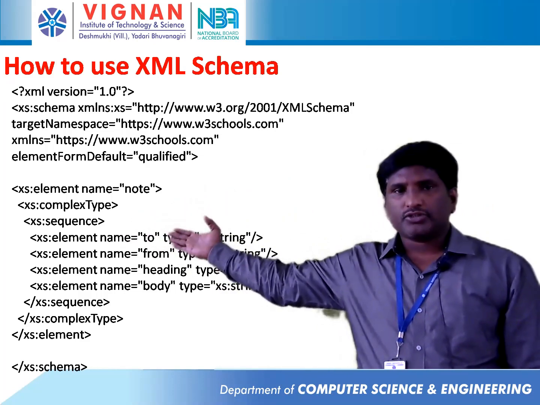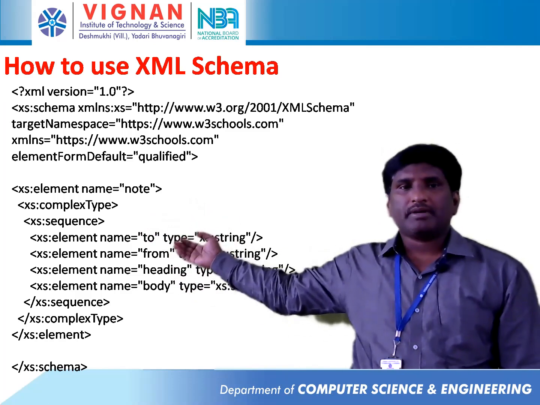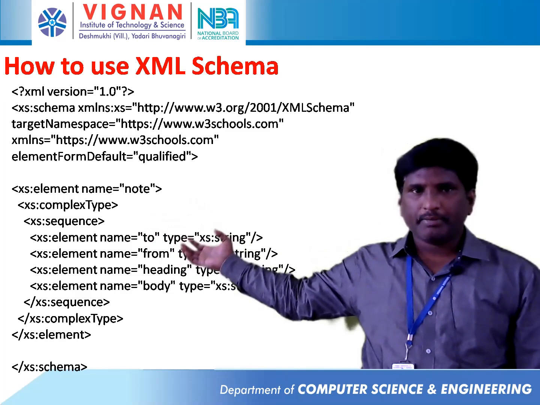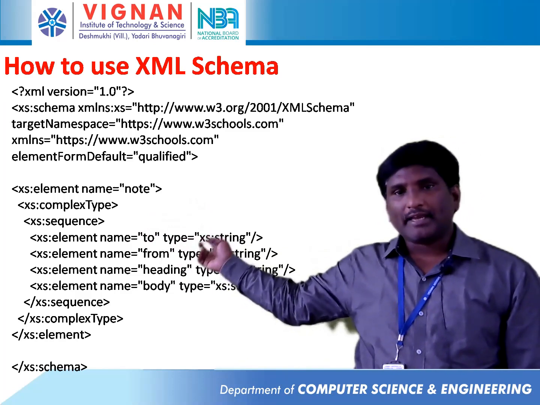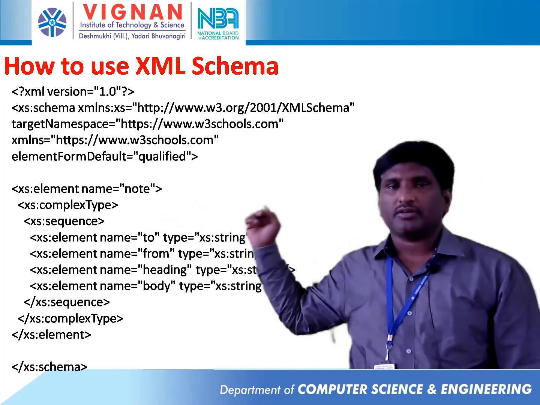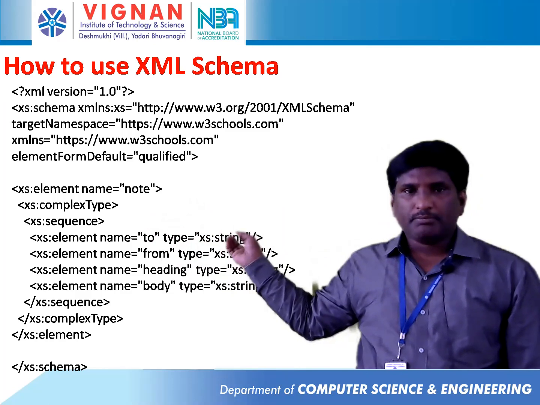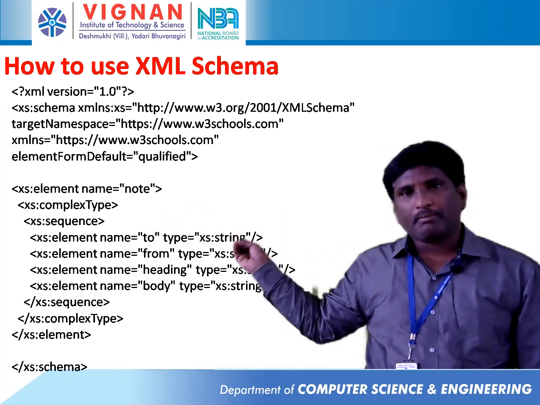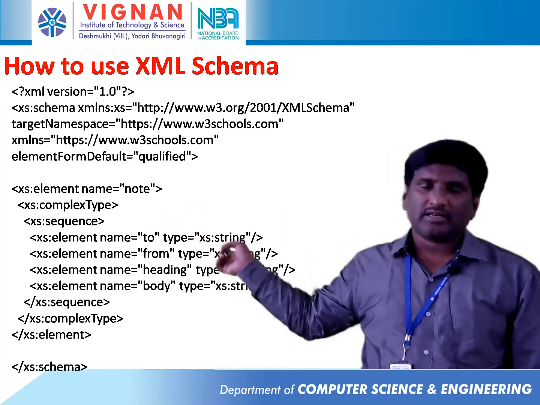After that we should specify the four sub elements. As usual, xs:element name equal to, type equal to xs:string. We are specifying string, so the input for these is only text, string characters.